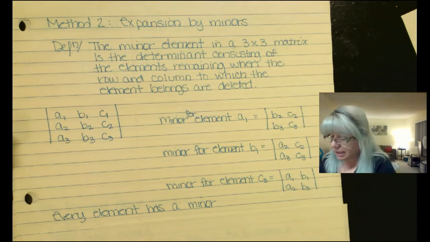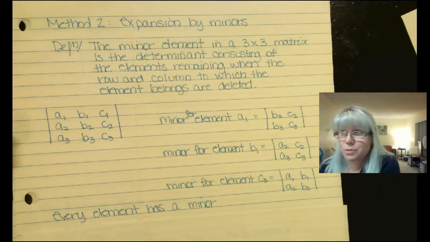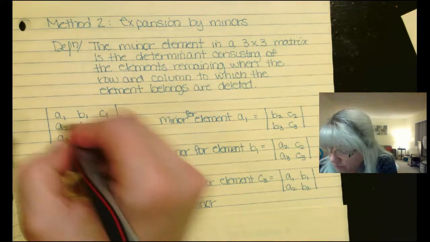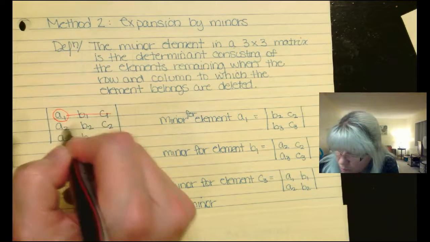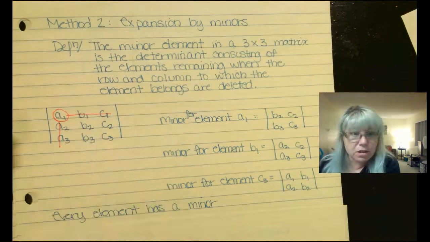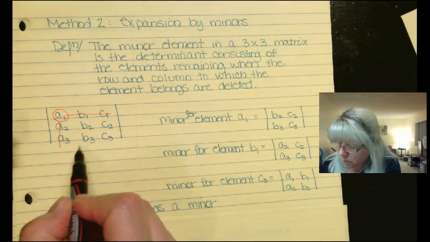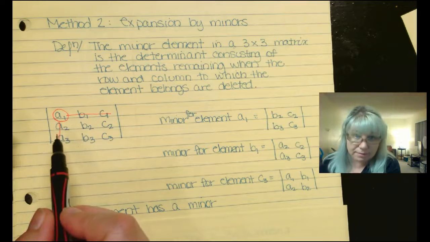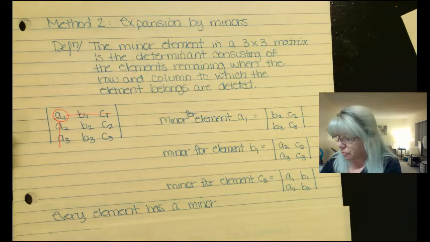So for A1, here's my element A1. I cross out both the row and column that it belongs to, and the determinant of the remaining values is the minor for A1. Okay, the minor is the determinant result.